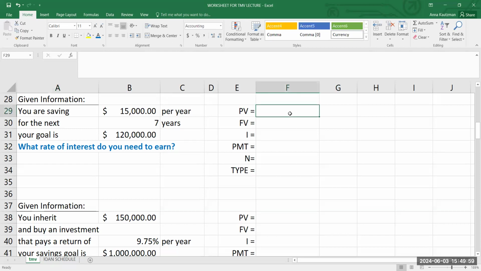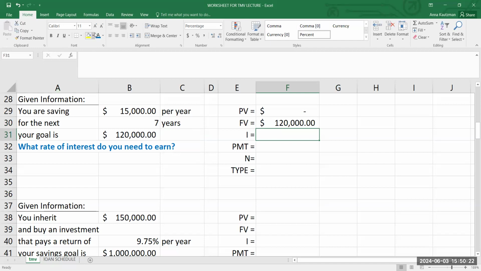So, present value, just like the problem above, is 0. We're going to just start savings. Our future value is going to be the goal. We want to reach that goal of 120,000.